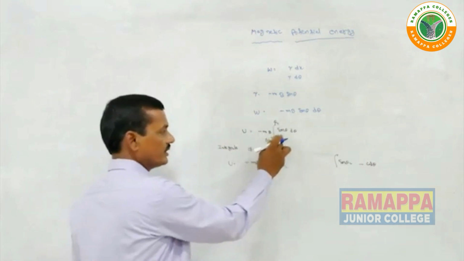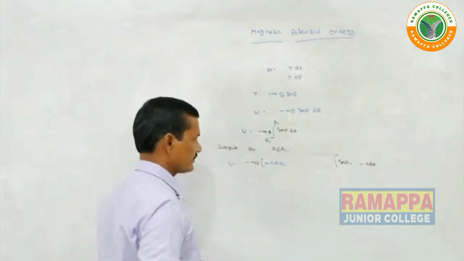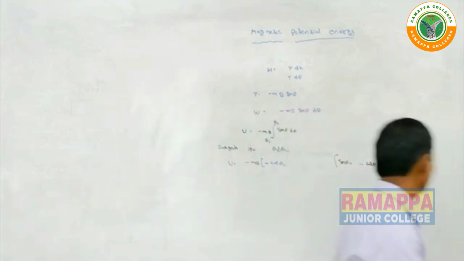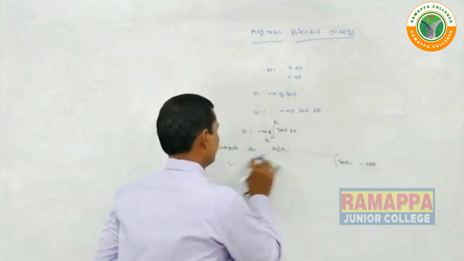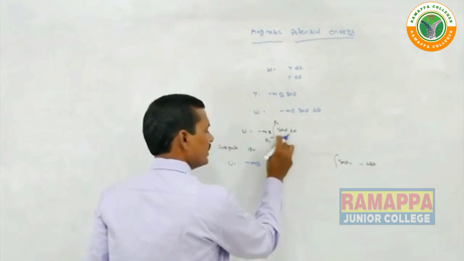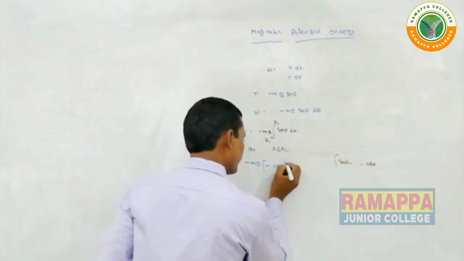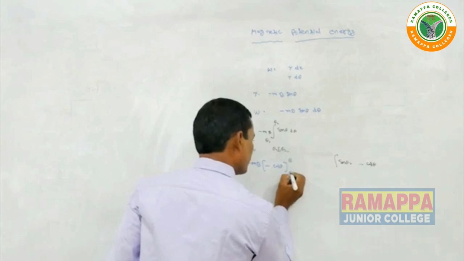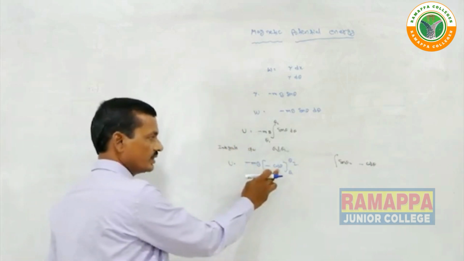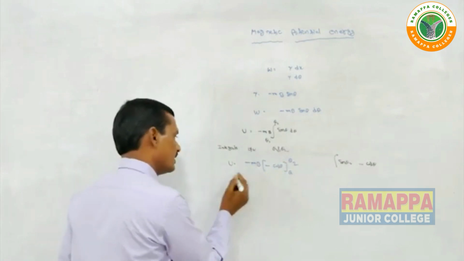By replacing with this formula, minus mB, we can write it like this: cos theta between theta 1 and theta 2. Now I am substituting the value of the upper limit theta 2 and subtracting the lower limit.